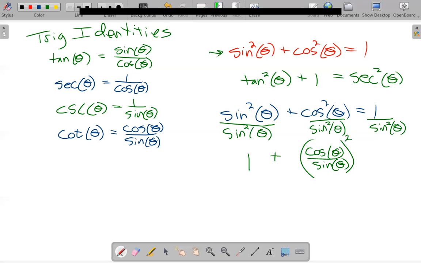And you might say, why would you do that? Well, because I know that cosine over sine is the cotangent. So inside the parentheses here, I can rewrite the cotangent instead, squared. And then here, 1 over the sine squared, that's kind of like 1 over the sine. So 1 over the sine squared should be the cosecant squared.